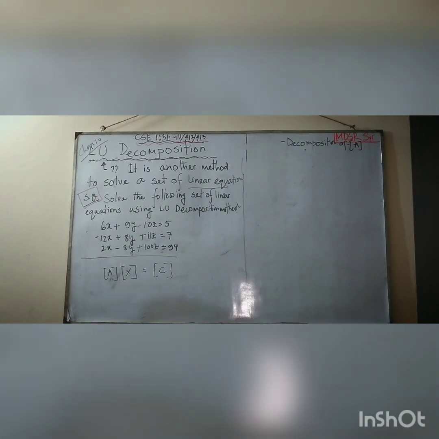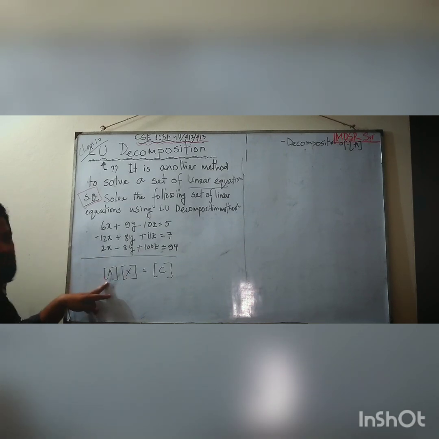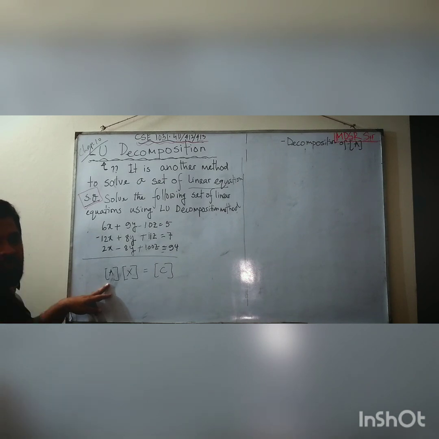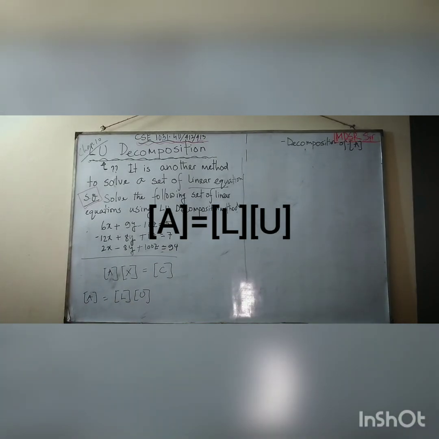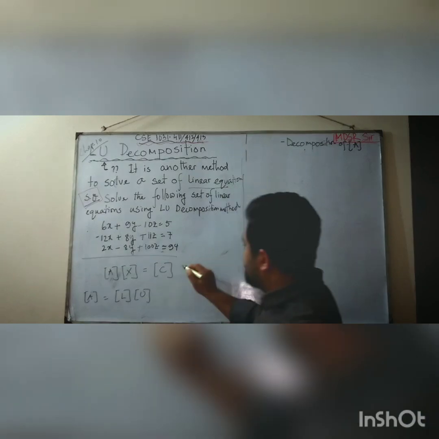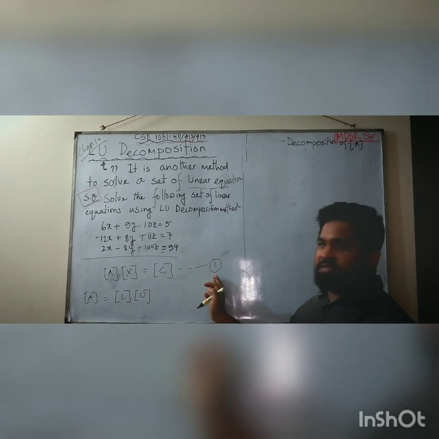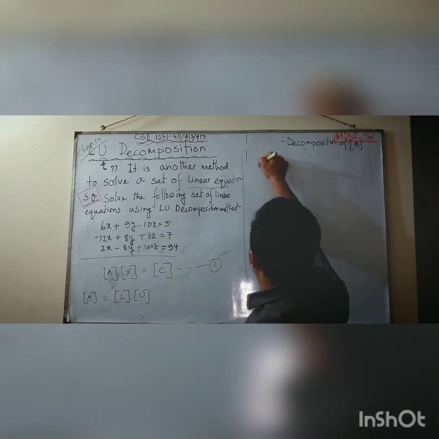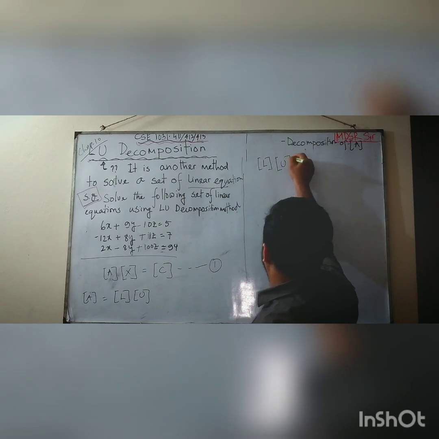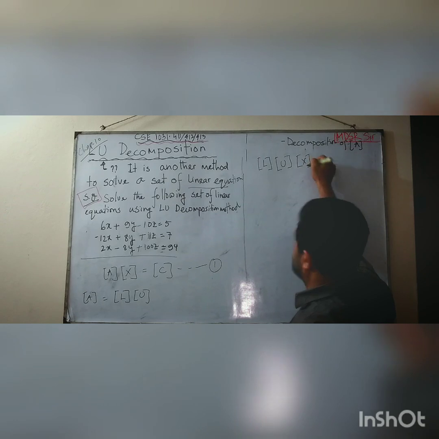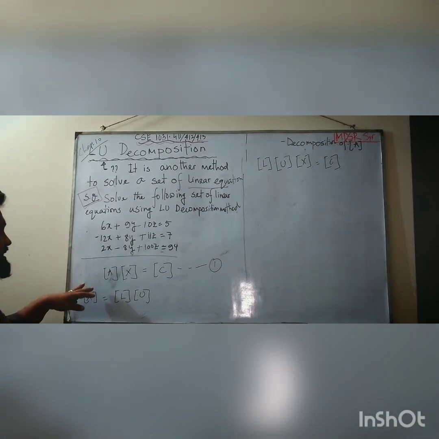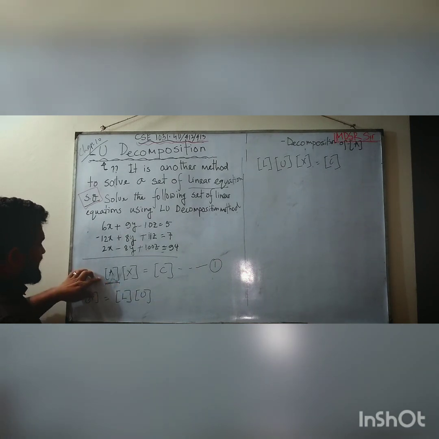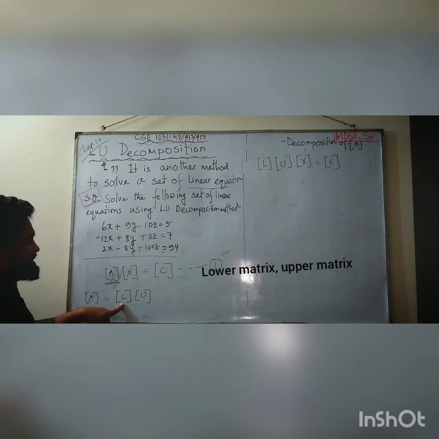For LU decomposition, you have to decompose matrix A into 2 different parts, L and U. If I place the value of A into this equation, we get L into U into X equal to C. We haven't done anything but place the value of A, which is 2 matrices, the lower matrix and the upper matrix.